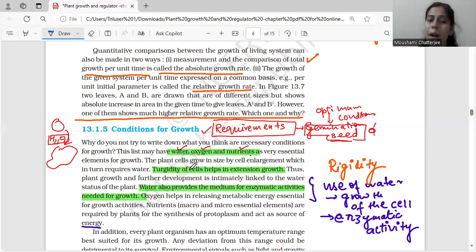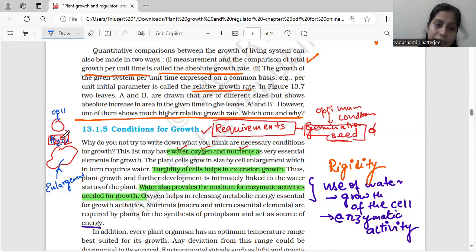Now, when we talk about plant cells, they grow in size, okay? They will grow in size by cell enlargement. So this was the initial cell, okay? And this cell has undergone enlargement. Now, how is the cell enlargement happening? All right. How will the cell enlargement happen? The cell enlargement is going to happen with the use of water.